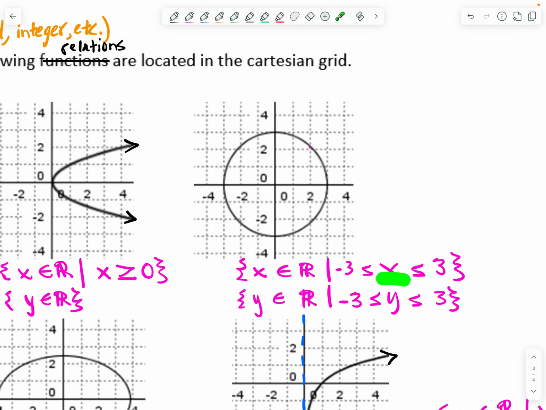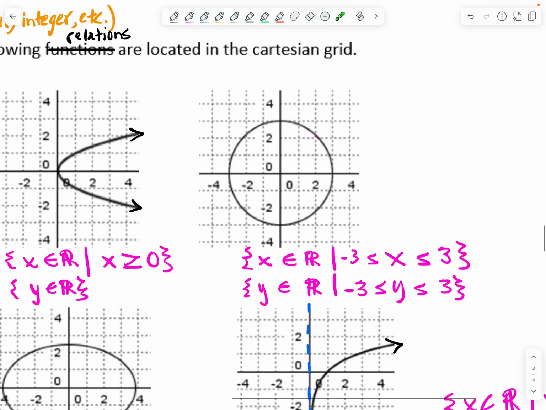So x is larger than or equal to -3 and smaller than or equal to 3. And then for y, it's also an element of real numbers because, again, it's like the opposite of x. Right here, it's a nice circle, and it's between -3 and 3. Y is smaller than or equal to 3, but larger than or equal to -3.